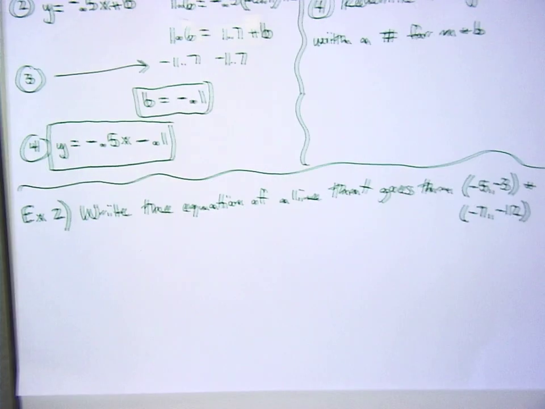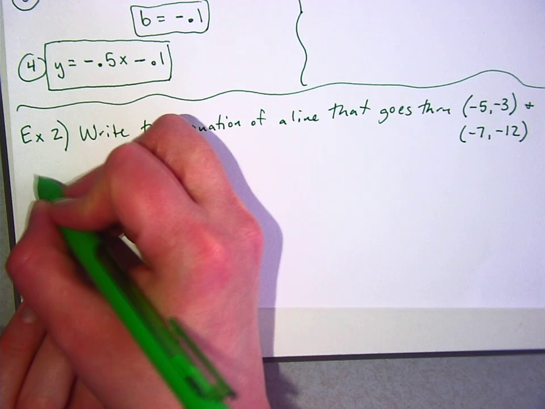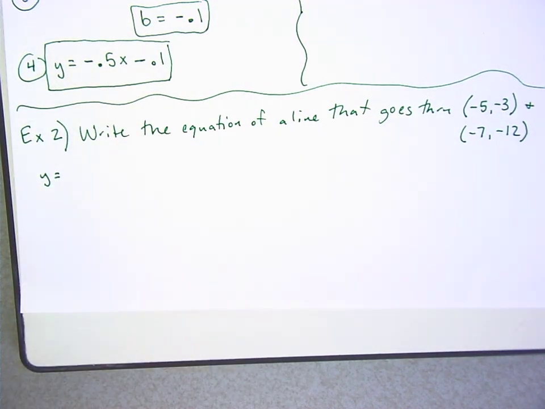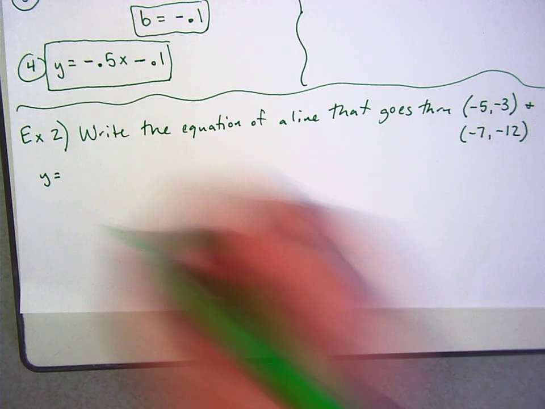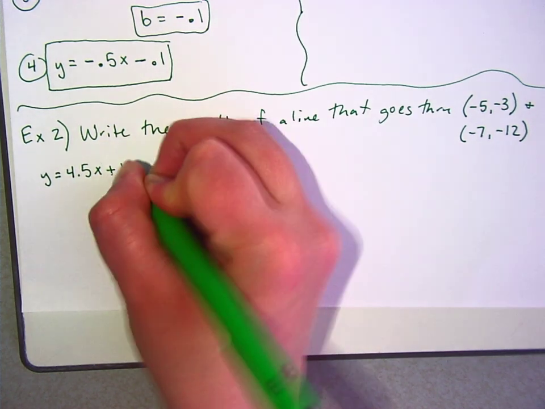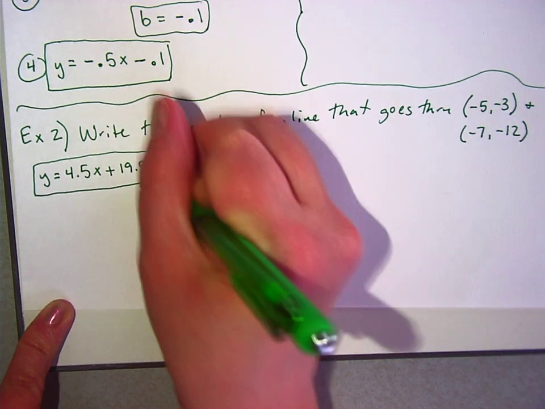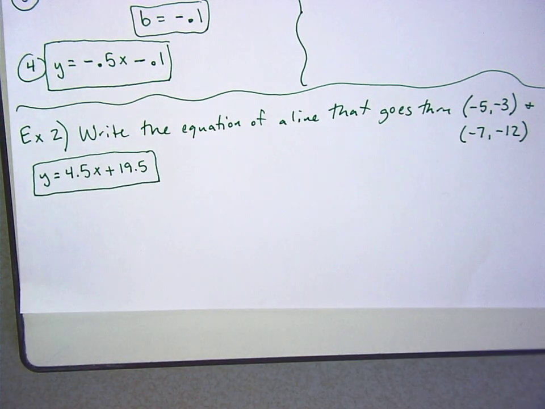You want me to do the thing where I write the answer up here so you know if you're right or not? Yes. All right, the answer is y equals 4.5x plus 19.5. Remember, if you're not comfortable with negatives, use your calculator.